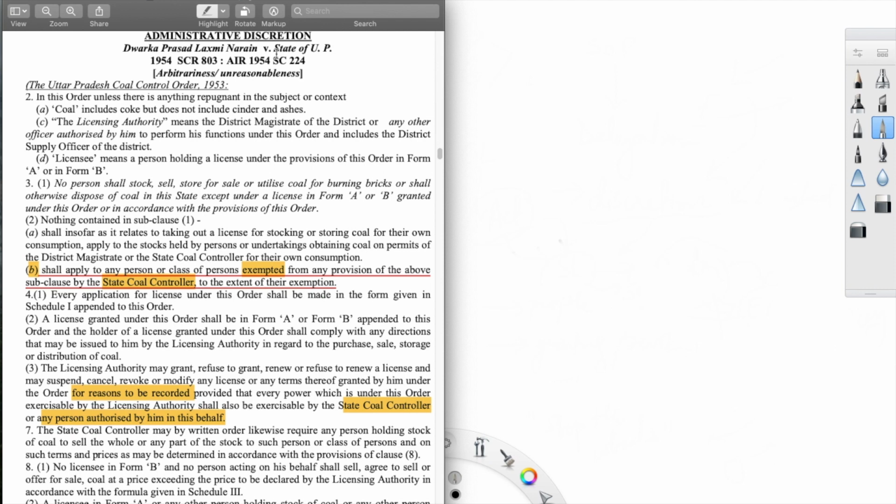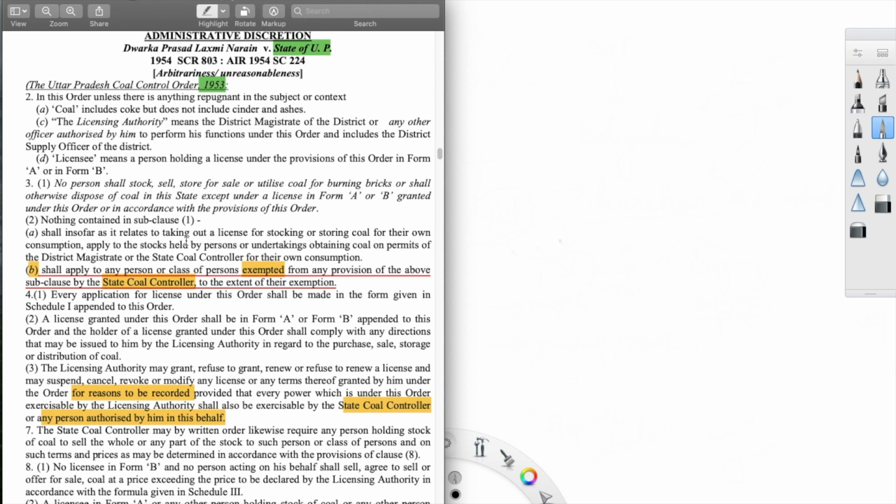State of UP notifies the Uttar Pradesh Coal Control Order of 1953, in which, in brief, it regulates the market of coal.